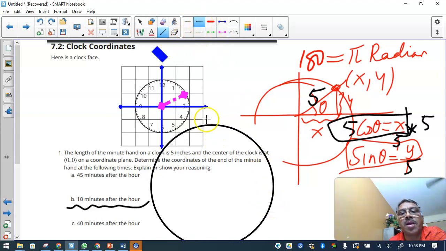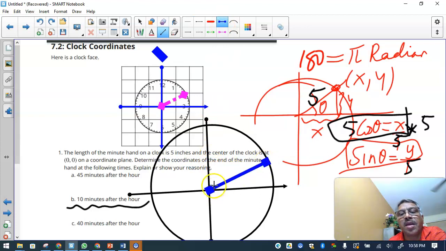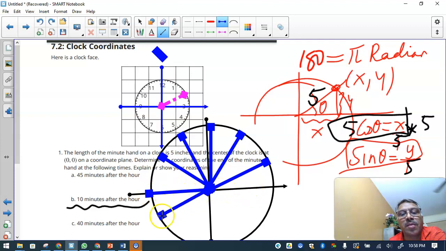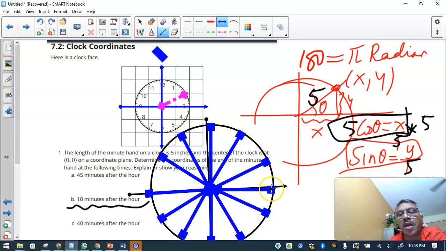If you remember, I tried to break this into x-axis, y-axis, and then you can have 30 degrees, then 60 degrees, so this is 90 degrees. Then every time you just add 30: 120, 150, 180, then 210, 240, 270, 300, 330, and back to 360. So that's what we have learned here.